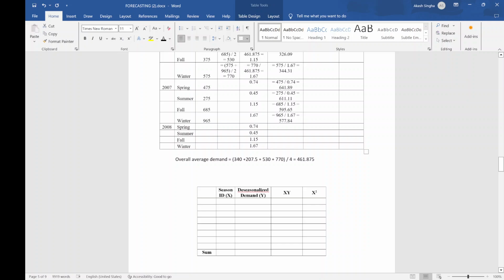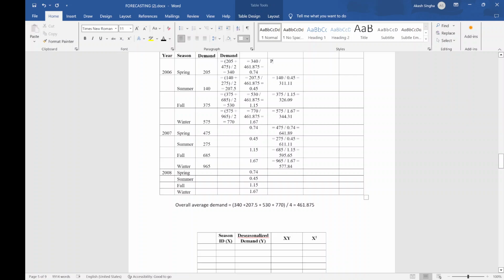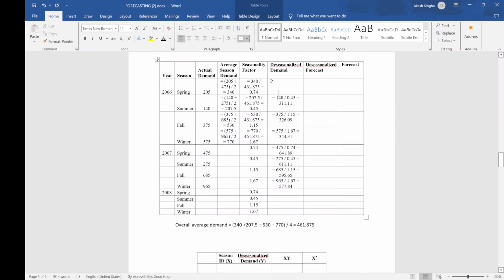I have this already solved, I'll show you guys. Yeah, so this is how we have to do it. We have just copy pasted the values. Now what we have to do is do regression on these values.